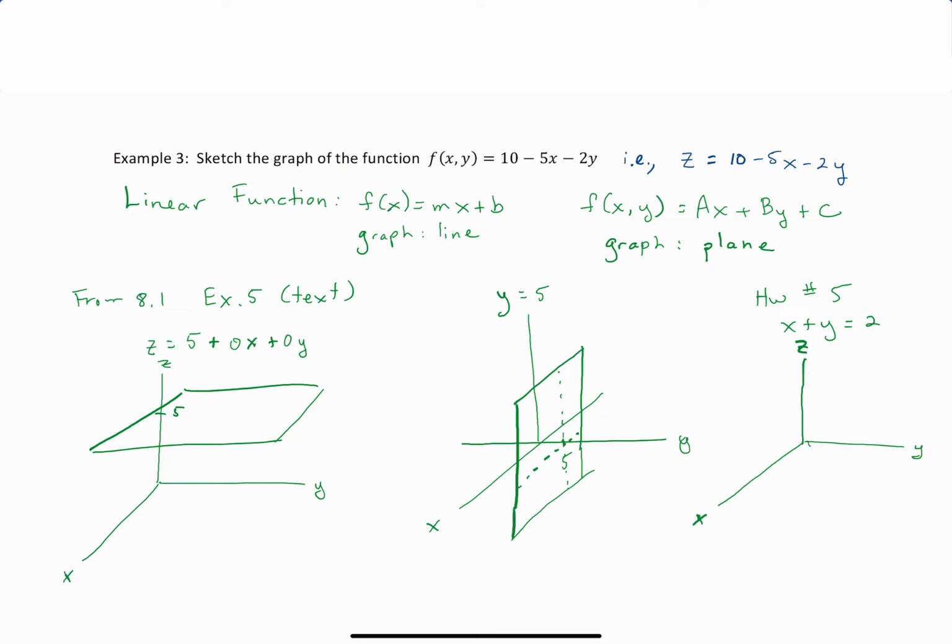And this plane goes up and down from the line x plus y equals 2, which is that line, and then since z can be anything, it's going to go up and down vertically from there.